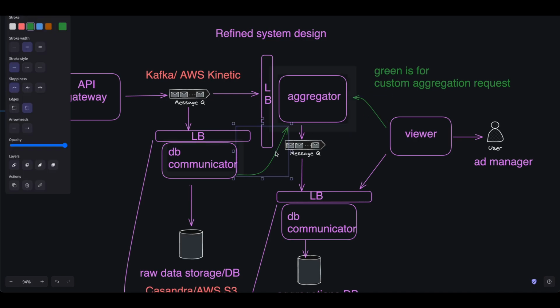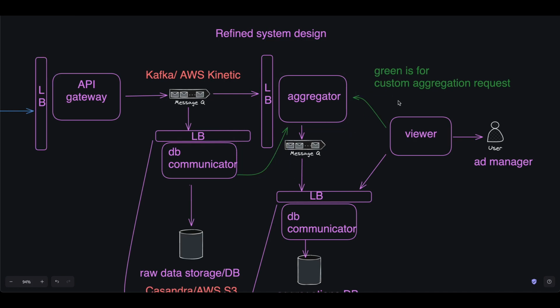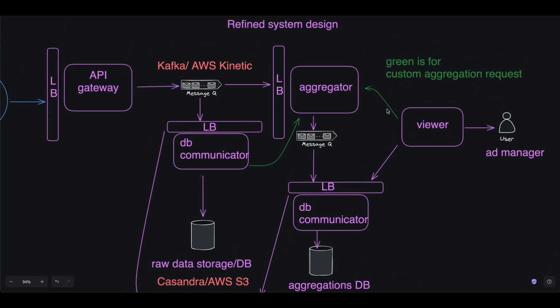Also, we have these green arrows here to cover a special feature of custom aggregation requests. So as I said, it might be that our clients want something specific that was not delivered in our hot path or near real-time path. So basically we need viewer to put in a request to aggregator.